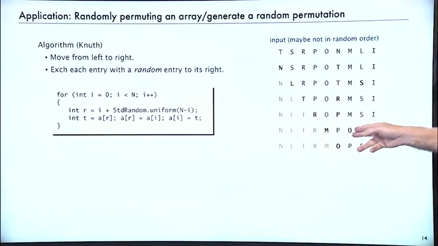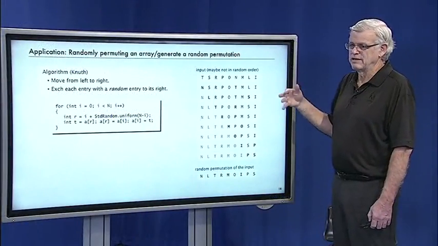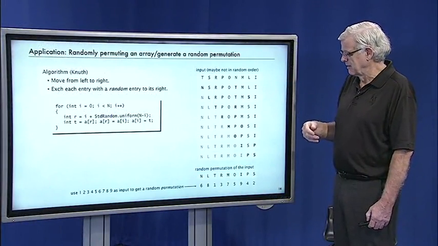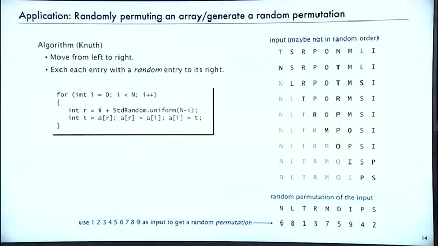So each time the element that gets picked is picked at random from the ones that have not been chosen yet. In continuing that process, we get a random permutation of the input array. Or if we just want to generate a random permutation, just start with 1 through n as the input, and you get out a random permutation.